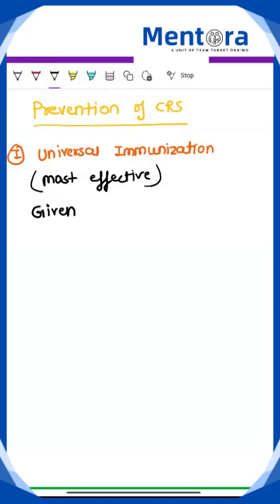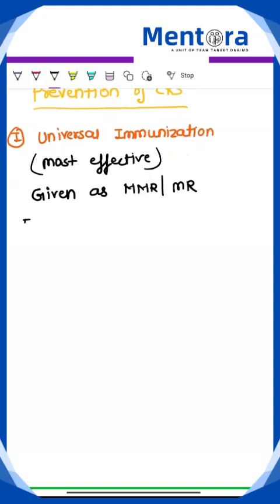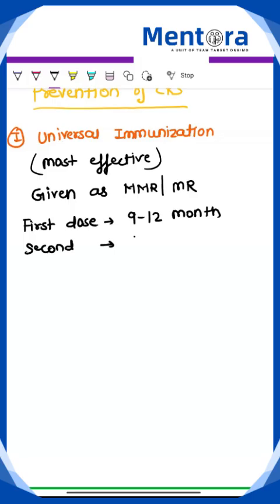And this immunization is given as MMR or MR. First dose is given at 9 to 12 months, and the second dose is at 15 to 18 months.